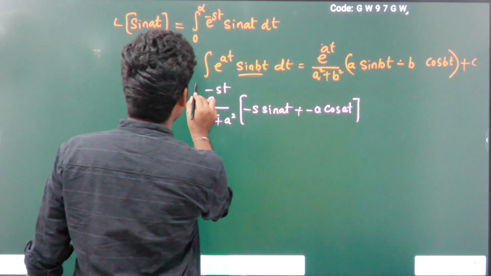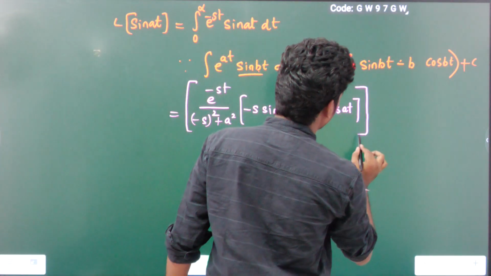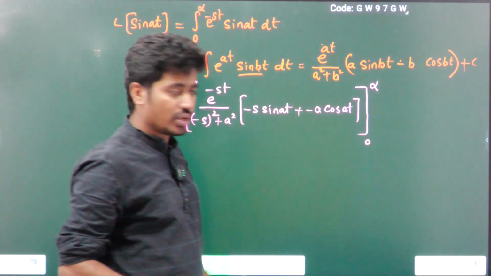So we are applying the upper limit minus lower limit rule, from 0 to infinity.